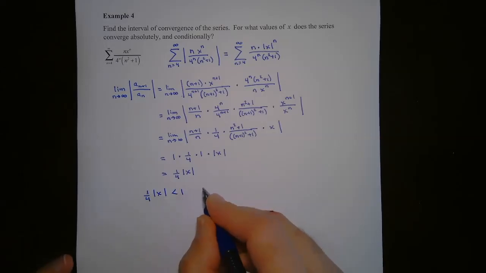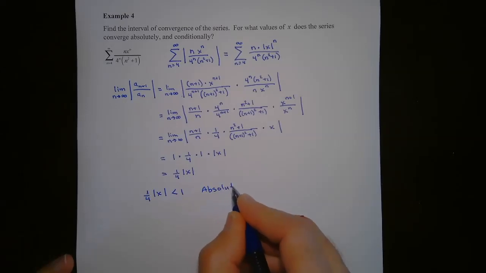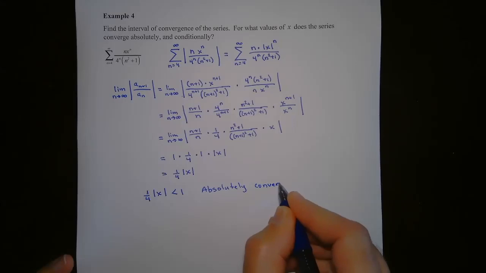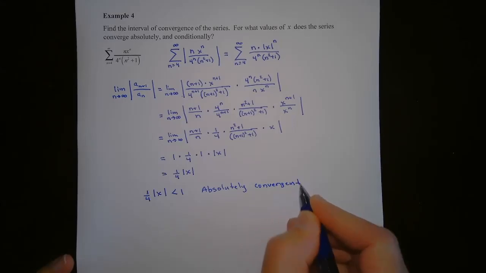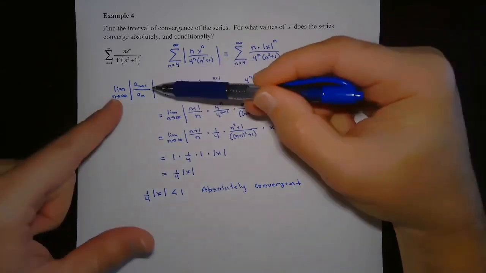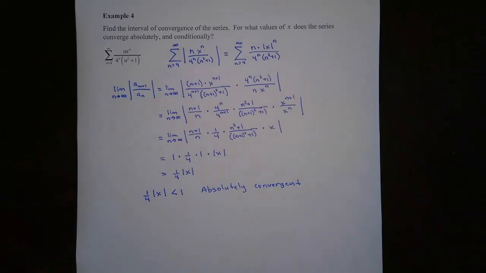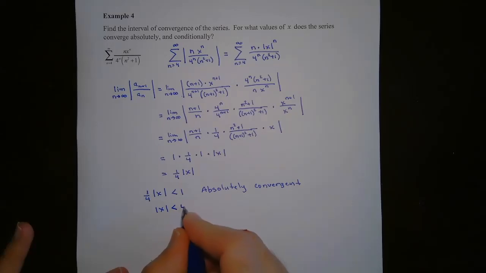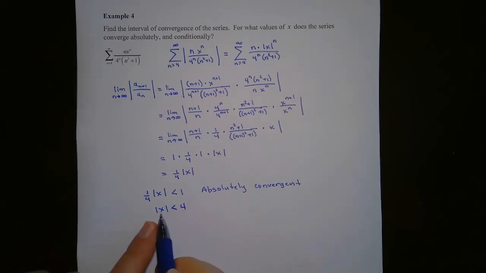We know it's going to be absolutely convergent for these, because that's what this absolute value does for us. So what does that mean? That means the absolute value of x is less than 4. So when we get down to just the absolute value of x, this number right here is our radius of convergence.